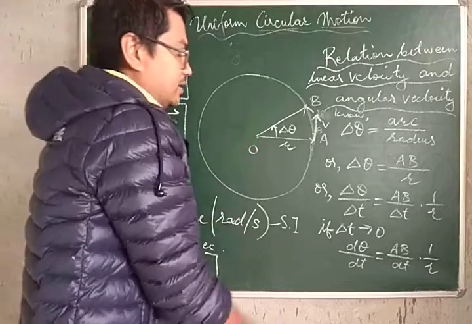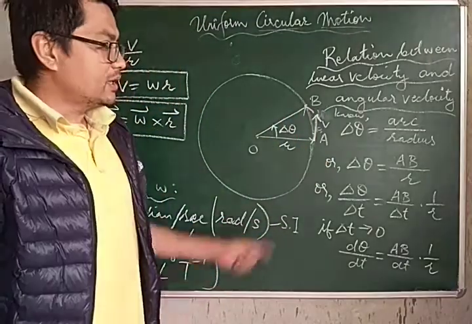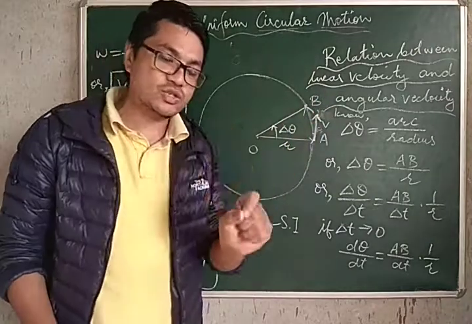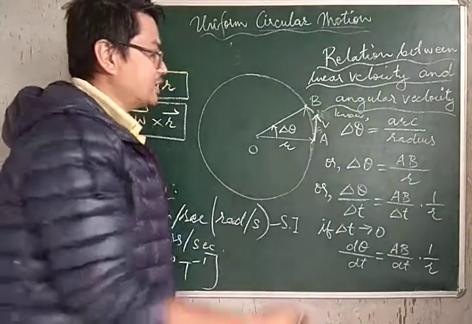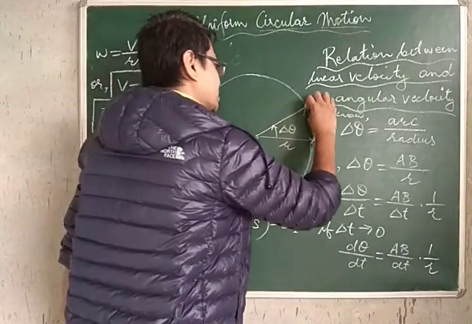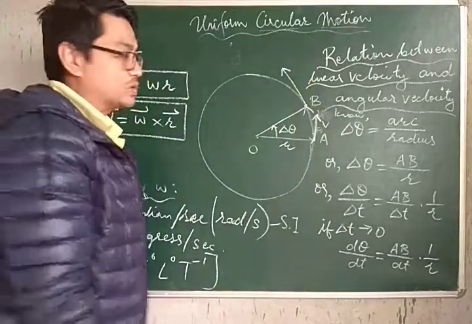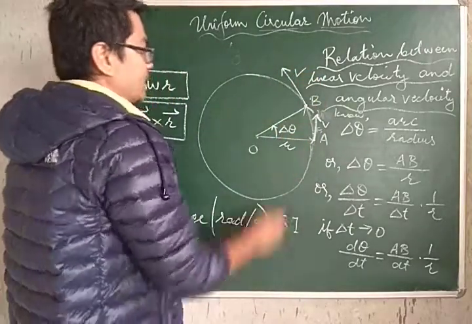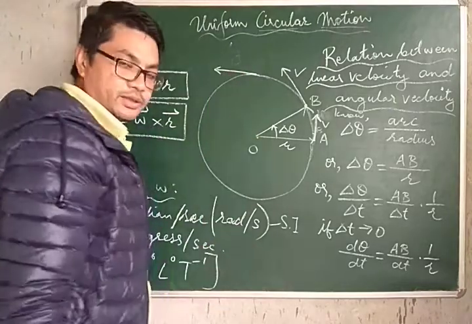Do remember, the direction of velocity is always along the tangent to the point where we are calculating the velocity. If we are calculating the velocity at this point, the direction of the velocity is along the tangent to that particular point. So this is the direction of velocity, remember. If you calculate velocity over here, it is along the tangent to that particular point.